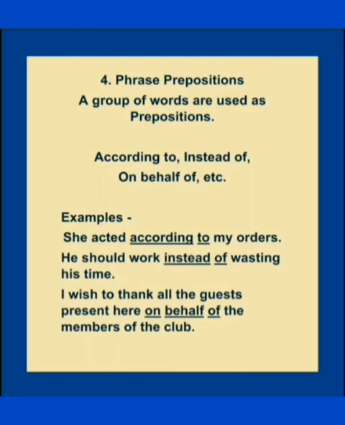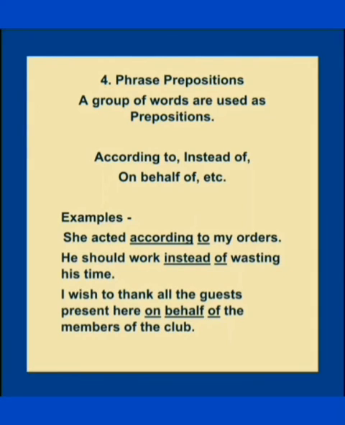Now we see certain examples. She acted according to my orders. How did she act? She acted according to my orders. He should work instead of wasting the time. Whenever we have to say do this instead of this, we use instead of to be more specific about what we're trying to explain.